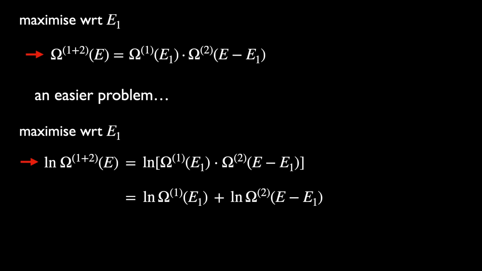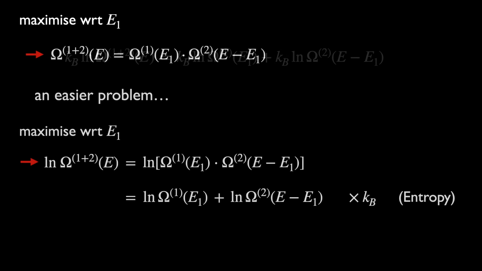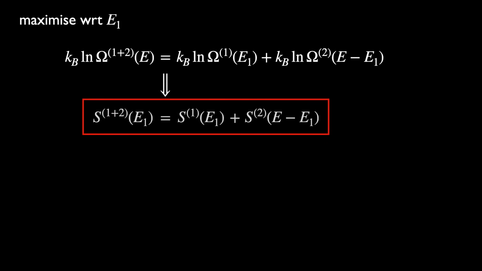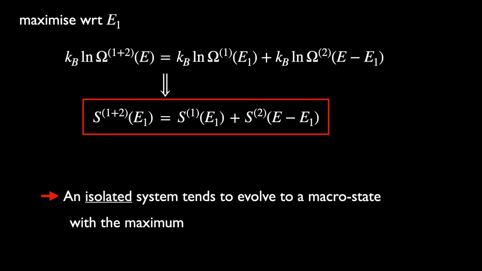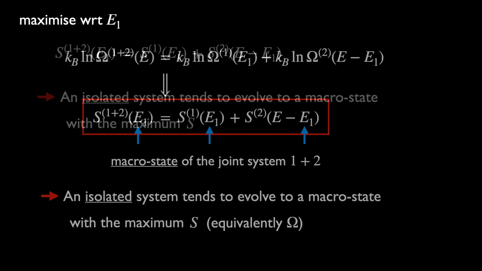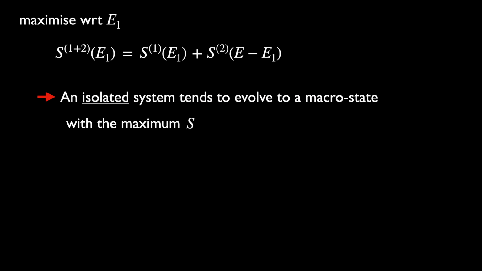Notice that if we multiply this by the Boltzmann constant, we end up with a relation about entropy. This result says that an isolated system tends to evolve towards a macrostate with the maximum entropy to reach thermal equilibrium. This is just a statement of the second law of thermodynamics.